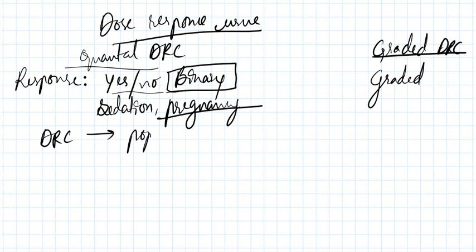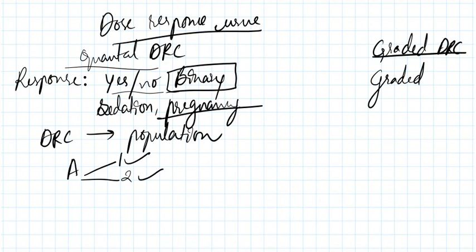Because say a drug named A, whether it has produced effect or not in the first individual, yes. In the second individual, yes. In the third individual, yes. In the fourth individual, yes.